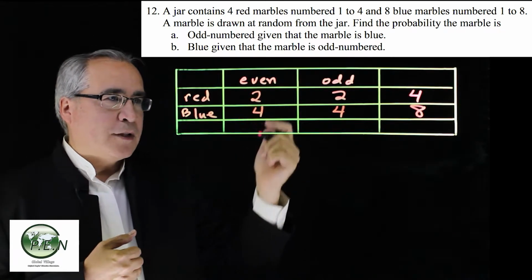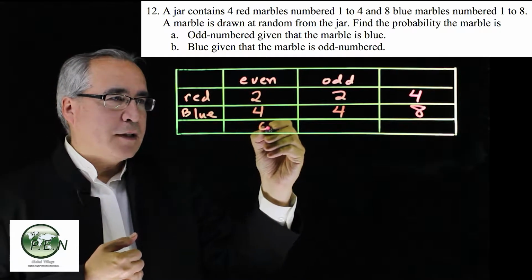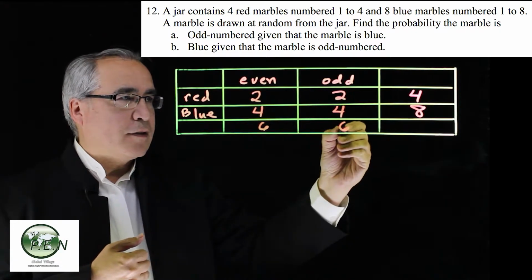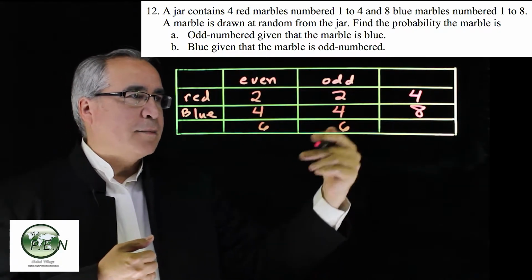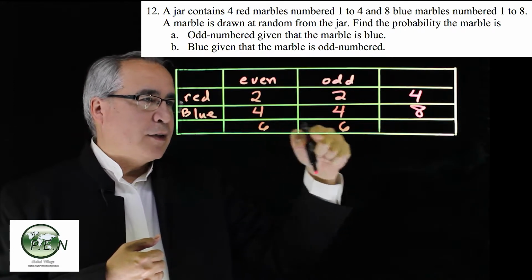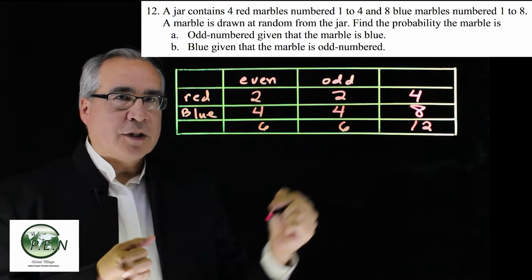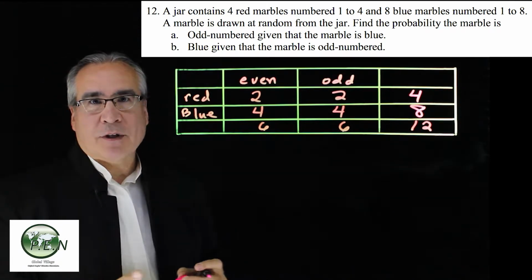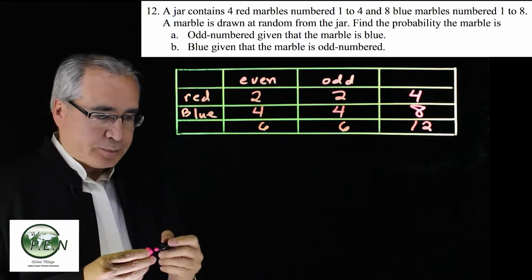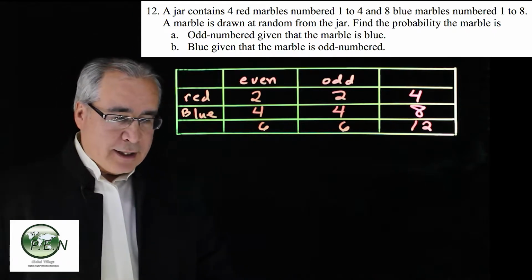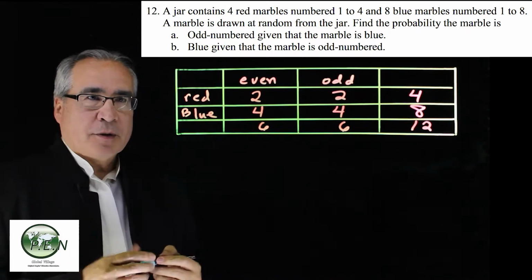So if we do totals down this way, 2 plus 4 is 6. 2 plus 4 is 6. So there are 6 even numbers, 6 odd numbers. And if we total across, 6 plus 6 is 12. And 4 plus 8 is also 12, which is important. We've counted everything appropriately. Okay, all that was just to get set up to do the problem.